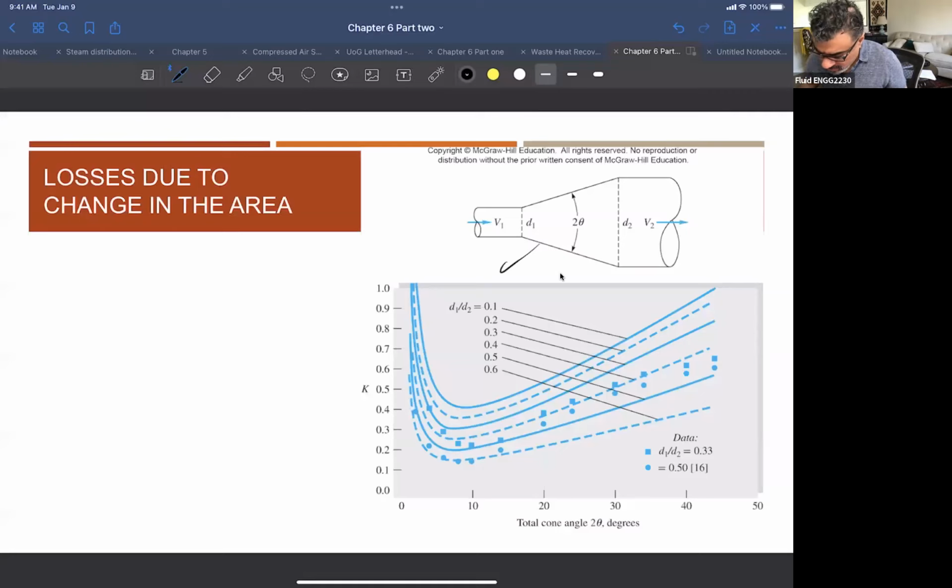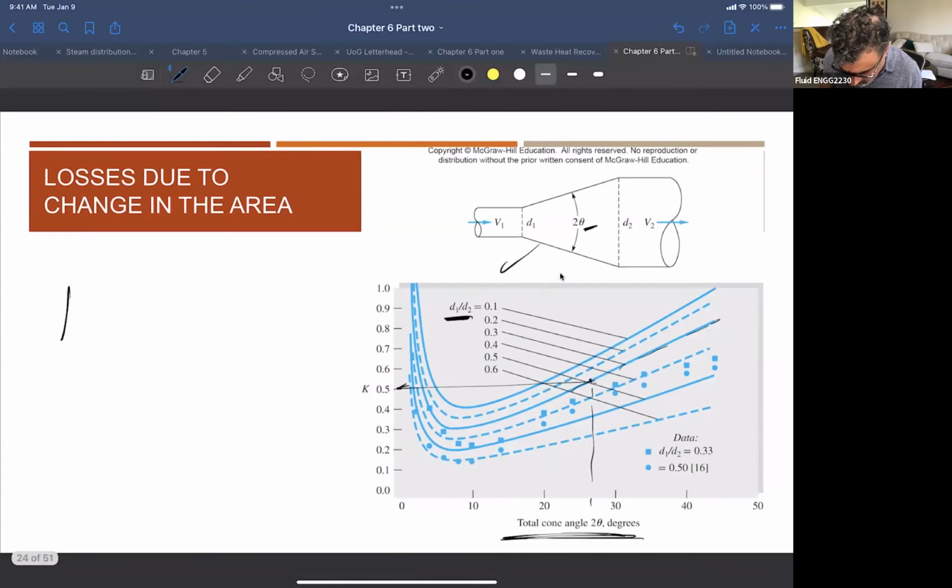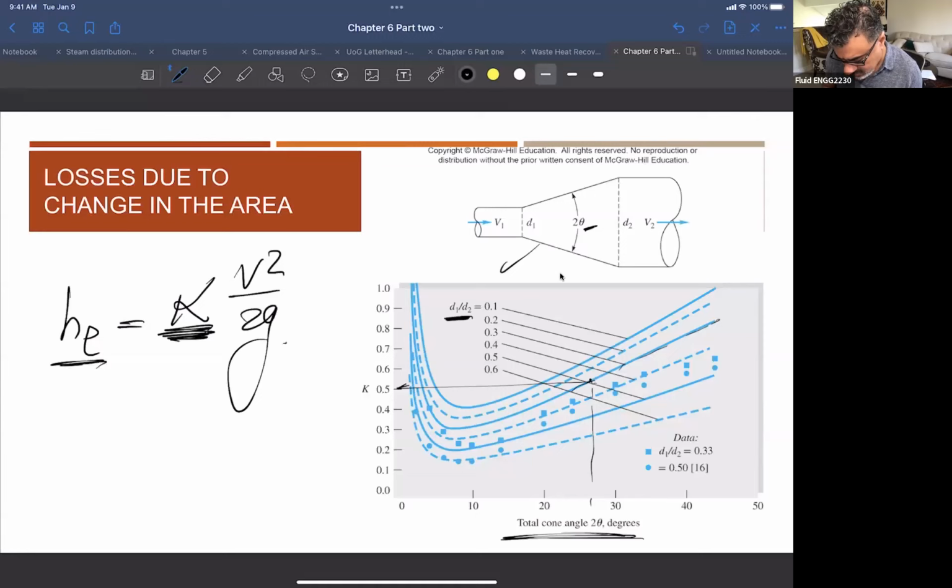You will see again, for different D over D, the diameter here over the diameter, several lines. Based on the angle theta, once you have this angle and this L over D, you can find out your K. At the end, you can determine this H loss as K V squared over 2g, right? Once you find this K, you can find out H loss. And the velocity here is dependent on the equation that we're going to see now in another table.